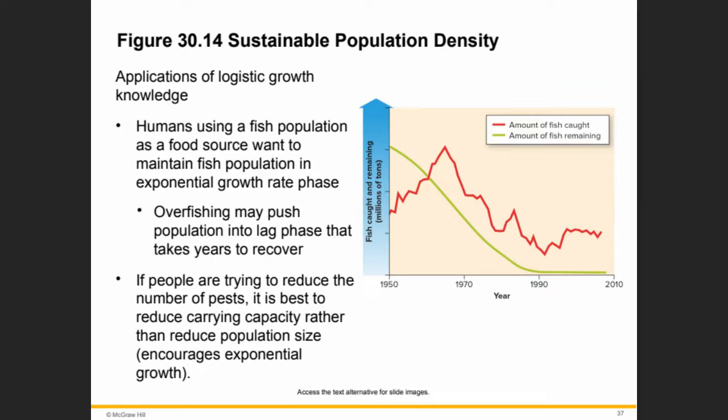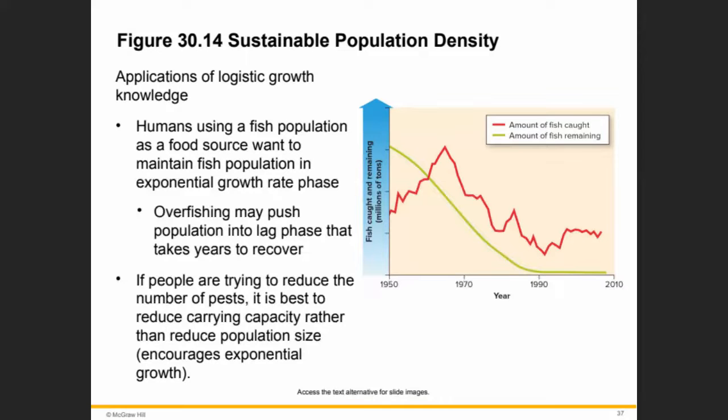A line of the amount of fish caught begins at 2.5 million tons in 1950 and ends at 1 million in 2010.